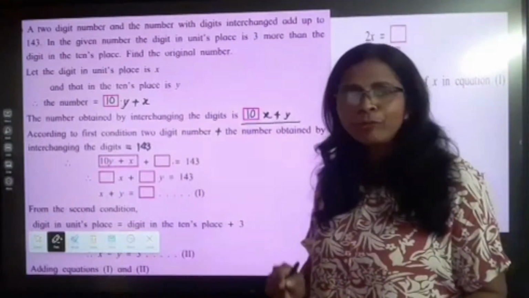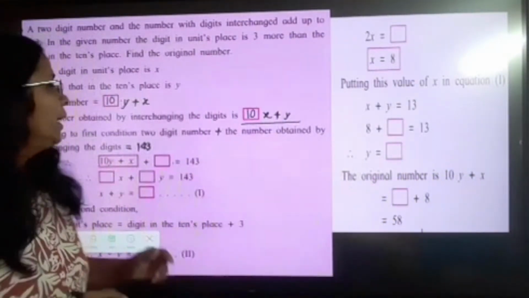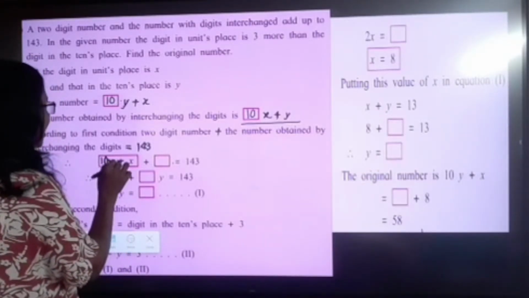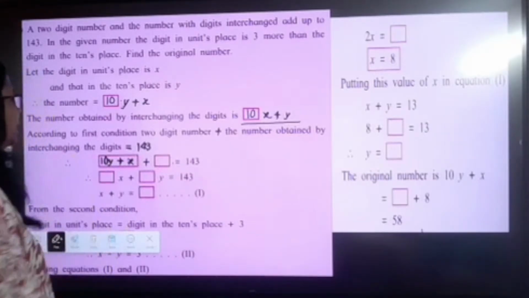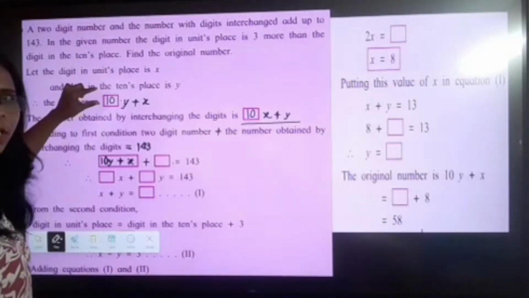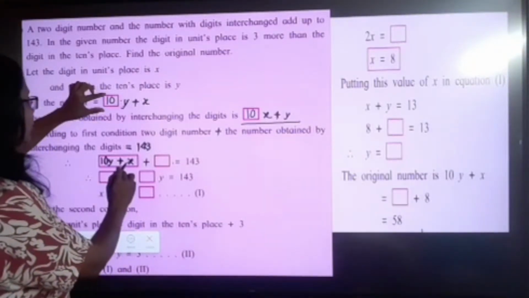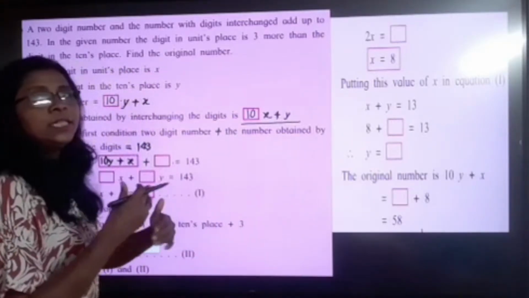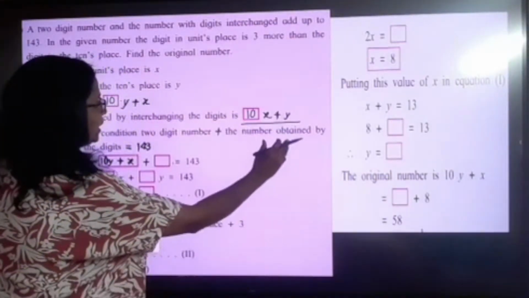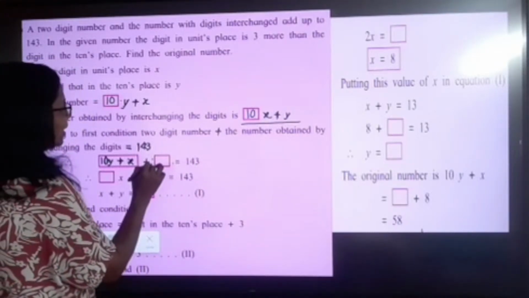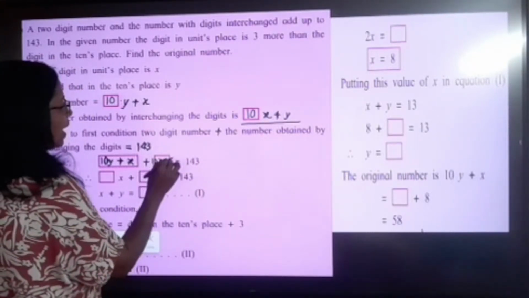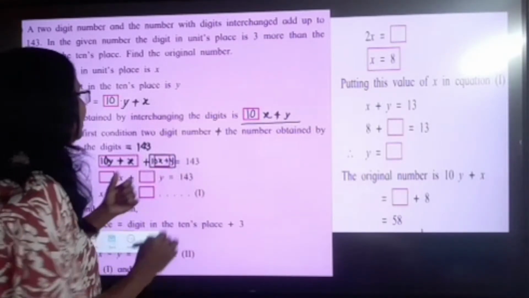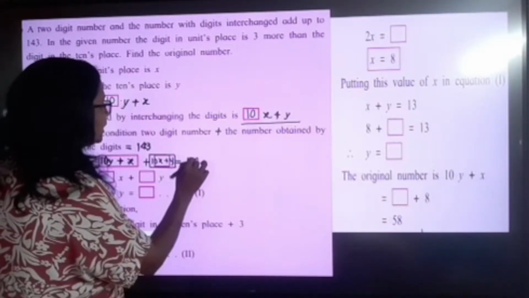Therefore 10y plus x, this one is the original two-digit number, plus 10x plus y, the number obtained by interchanging the digits, is equal to 143.